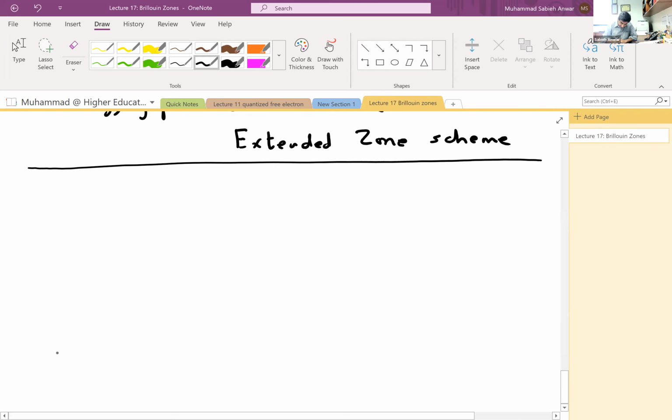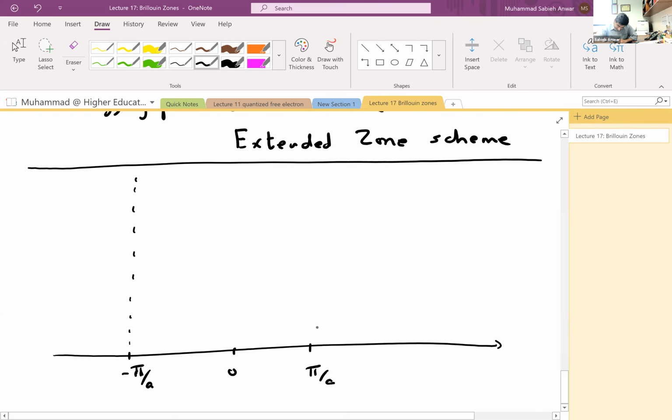So 0, pi by a, minus pi by a. This is what the nearly free electron dispersion relationship is going to look like.